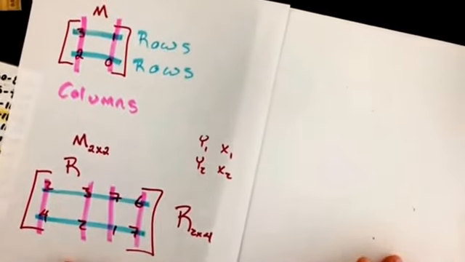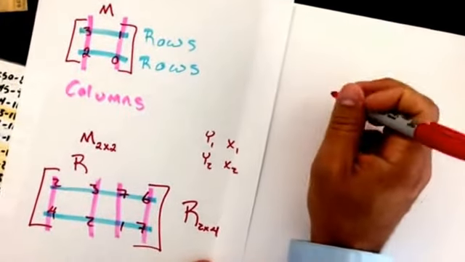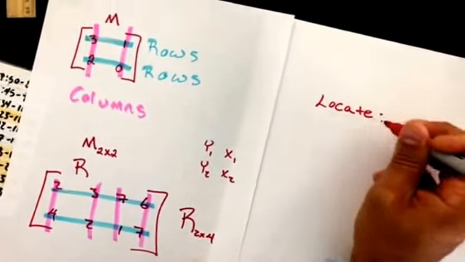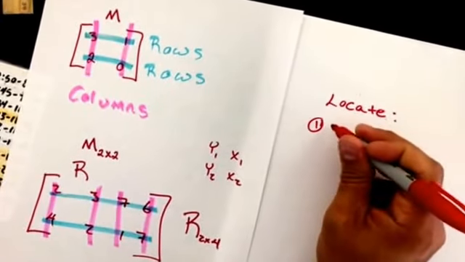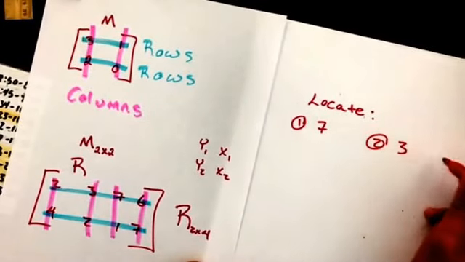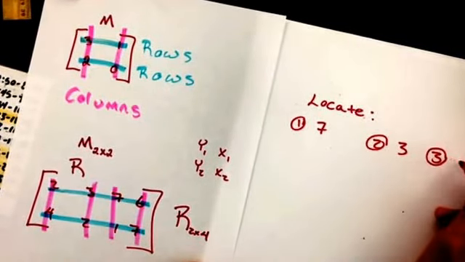Now sometimes I'll tell you the opposite way, okay? So I'm only going to use M and R for this part. What we're doing here is I'm going to tell you locate, and then I'll give you some numbers. So let's say locate 7, locate 3, locate 0.